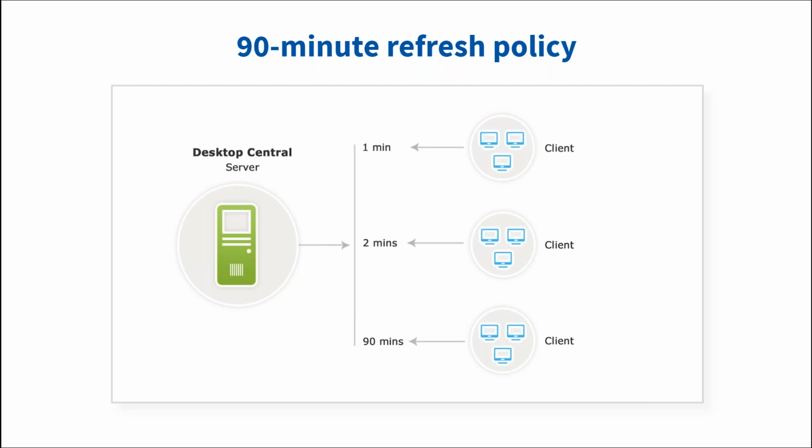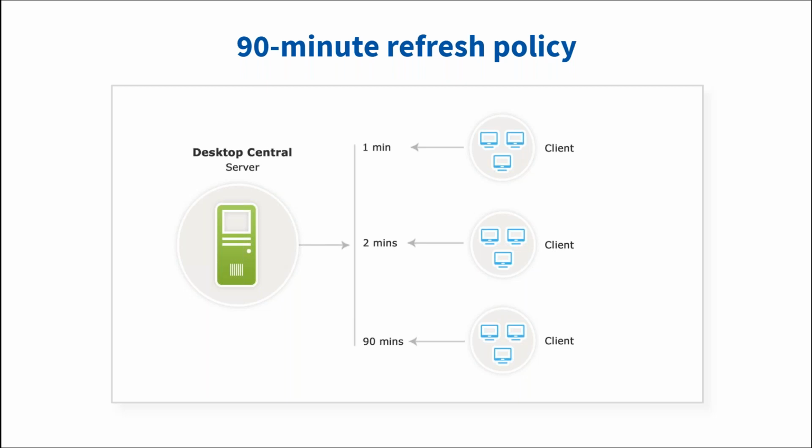So two important factors are ensured here. The network is not being choked by agent server communication, meaning bandwidth is not disturbed due to agent server communication. And also the performance of the server itself is not affected at any time. So Desktop Central server has the intelligence to slice down the number of machines that it has to communicate with.